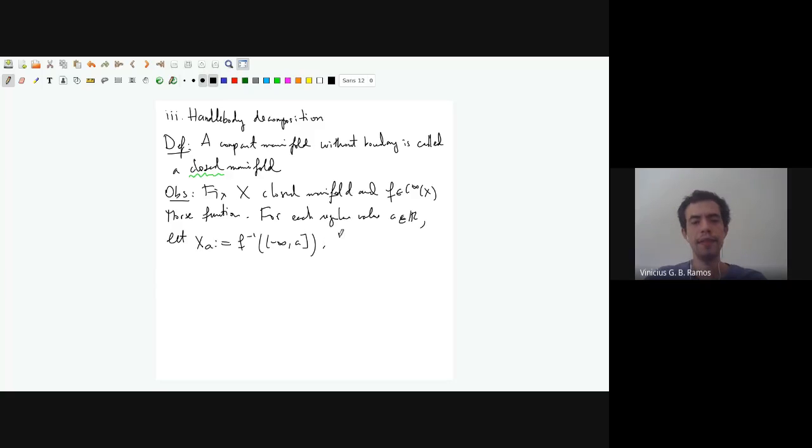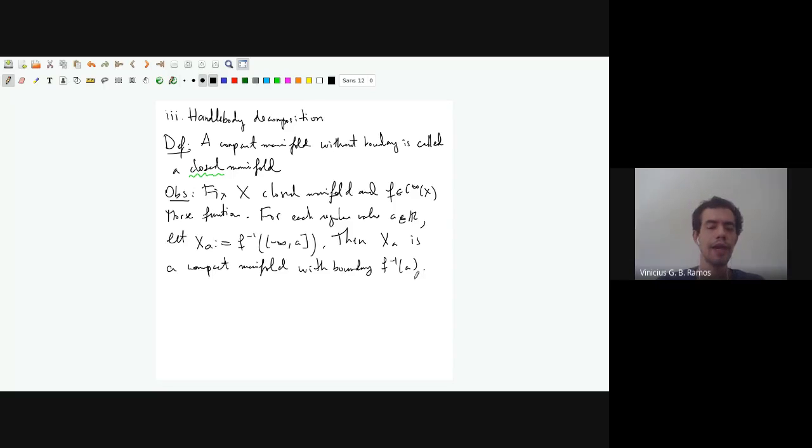Then this X_a is a compact manifold with a boundary given by the preimage of a. This is something that we saw at the beginning of the course. It basically follows from the implicit function theorem.